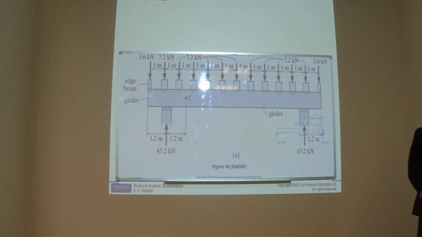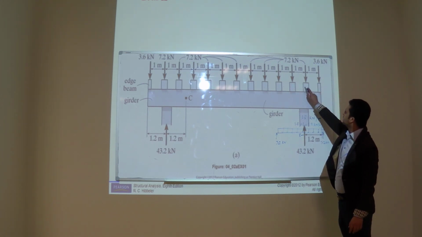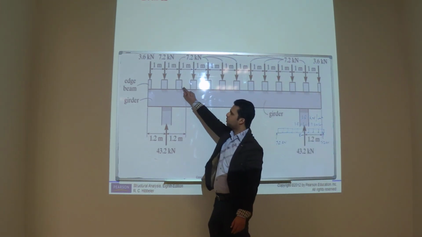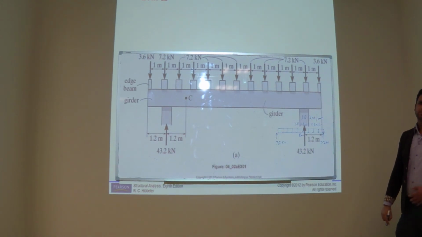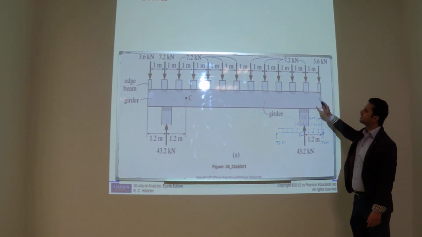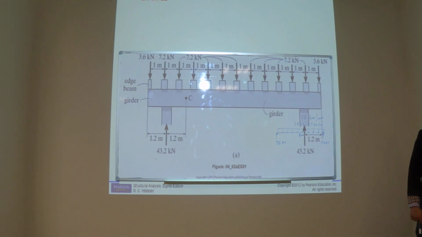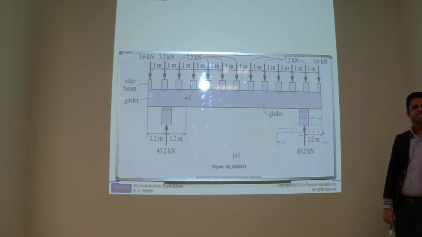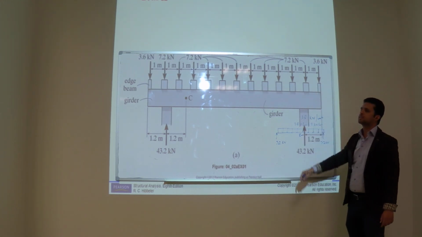So if you see this diagram, now you can see this reaction, all these forces are 7.2 kilonewton. Why is this 3.6? Because it has half the area. How many of you do not understand why it is 3.6?